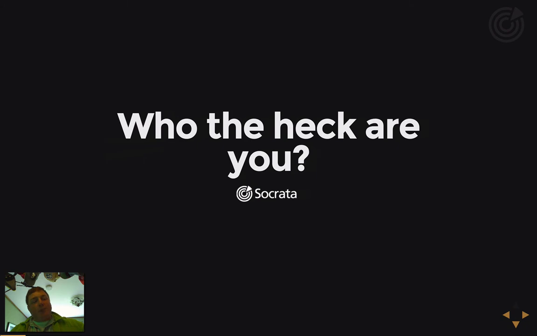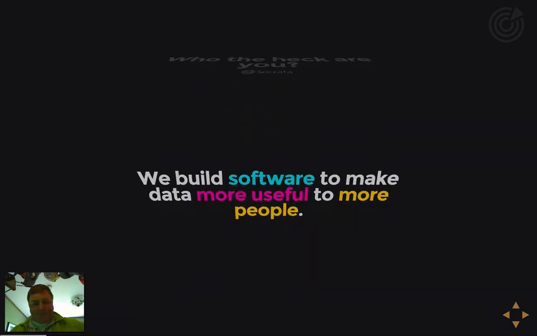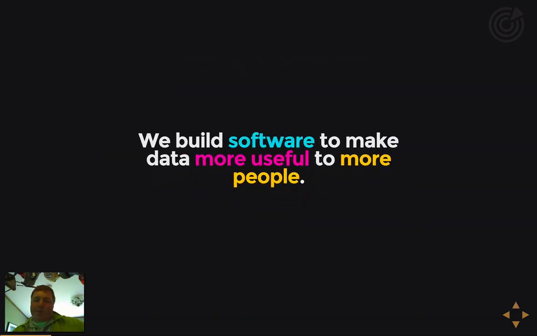First, I'm going to take one quick moment and tell you about who we are here at Socrata and why we're involved in open data and projects like National Data Civic hacking. Here at Socrata, we build software to make data more useful to more people. We believe that every different type of user of open data deserves a customized experience that makes their life better.